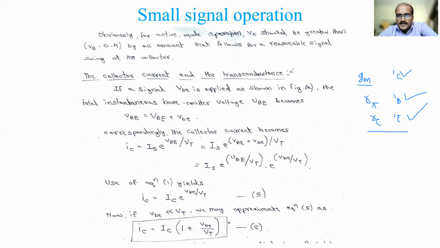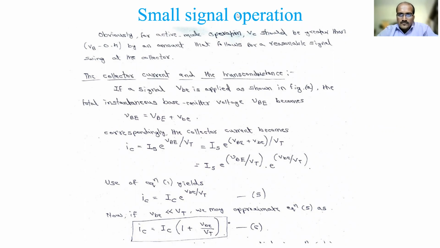First, collector current and the transconductance. It is simple. If a signal vbe is applied as shown in figure A, the very first circuit, where VBE is already connected because biasing is over, now I will give the small signal voltage vbe.